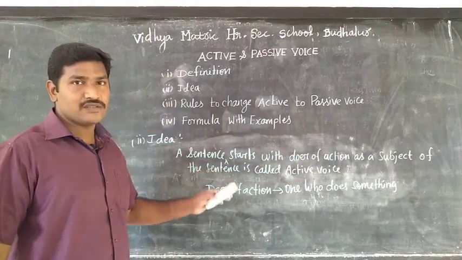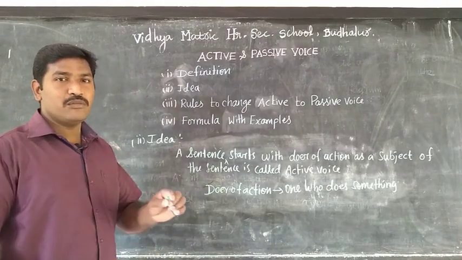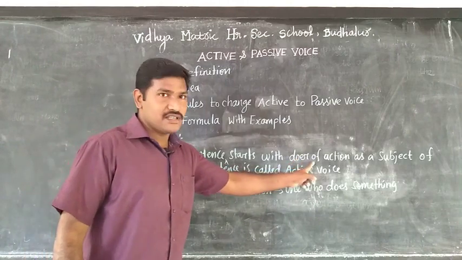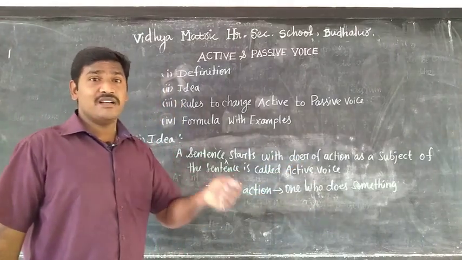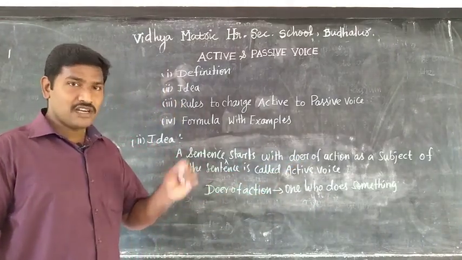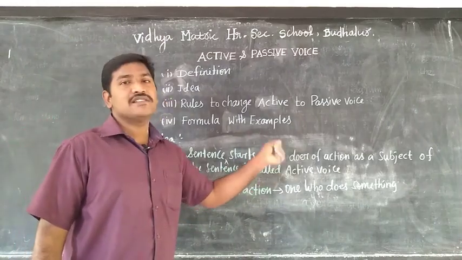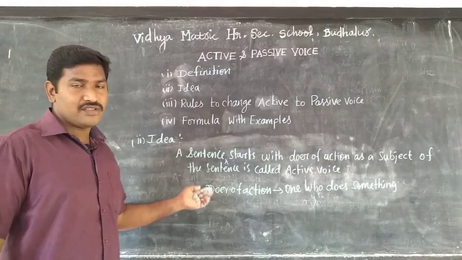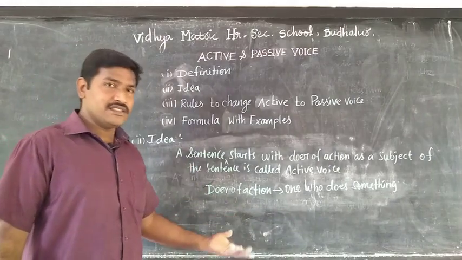A sentence has one action that is done by one person. That person is called doer of action. The sentence starts with that person, I mean the sentence starts with the doer of action as the subject, that is called active voice. The sentence does not start with the doer of action as the subject, that is called passive voice.